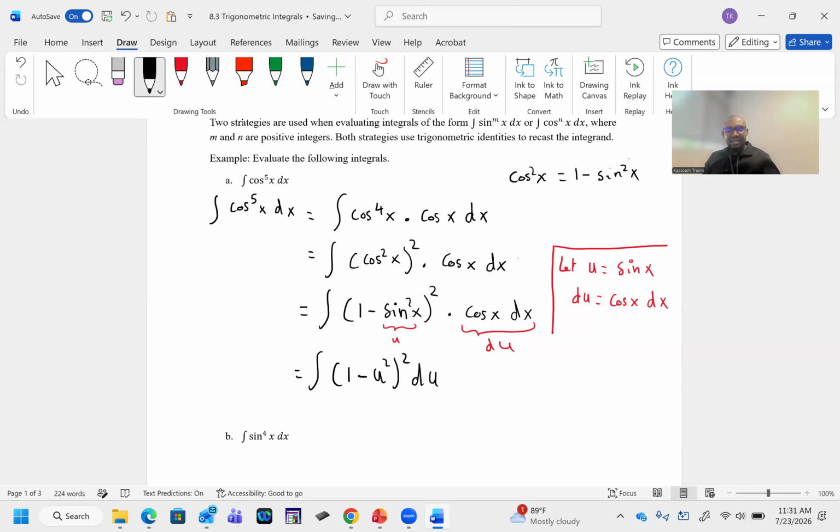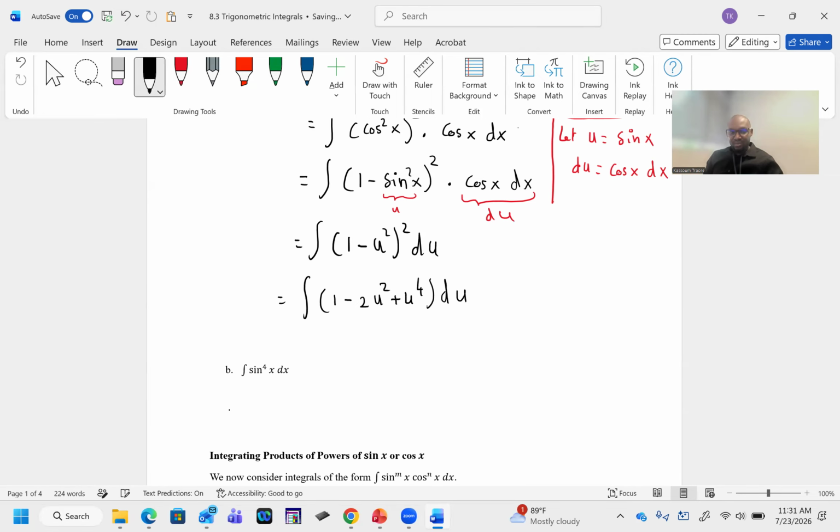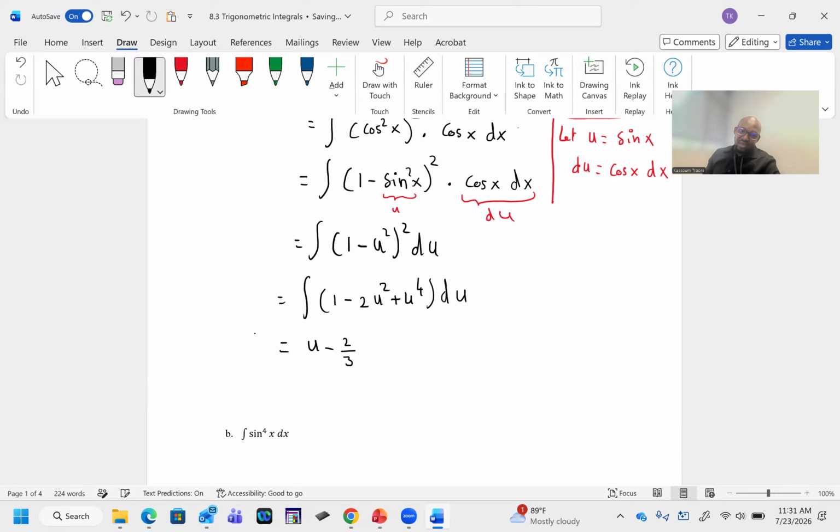Once we expand 1 minus u squared, squared, we will get the integral of 1 minus 2u squared plus u to the power of 4 du, which we know the antiderivative of that will be u minus 2 divided by 3 u cubed plus 1 divided by 5 u to the power of 5 plus c.